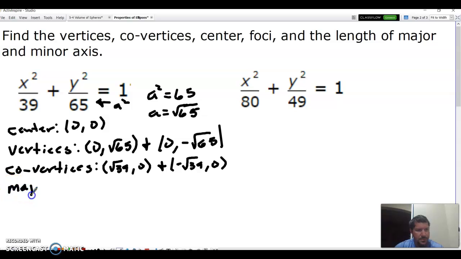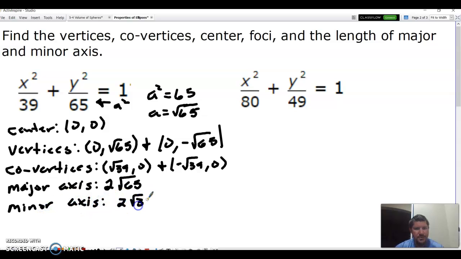So major axis, since a is the square root of 65, this is going to be 2 times the square root of 65. And my minor axis is 2 times the square root of 39.